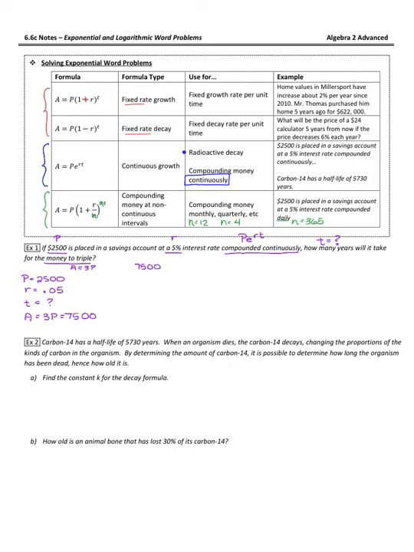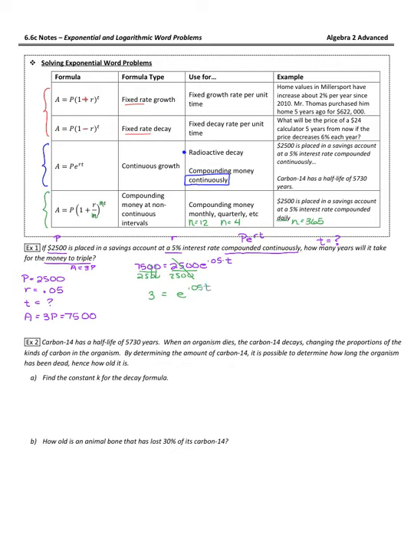We know that 7,500 is going to equal 2,500 e to the 0.05 times t. First thing we're going to do is divide 2,500 on both sides so that the zeros cancel, and you get 3 equals e to the 0.05t.